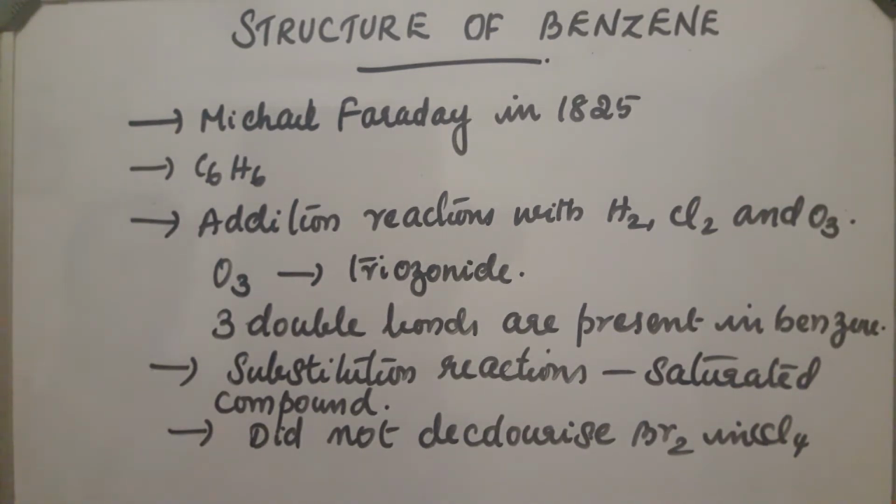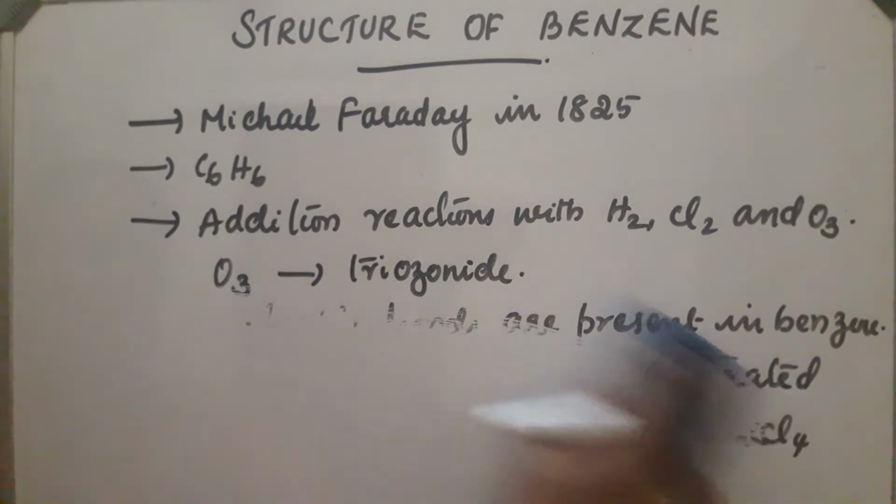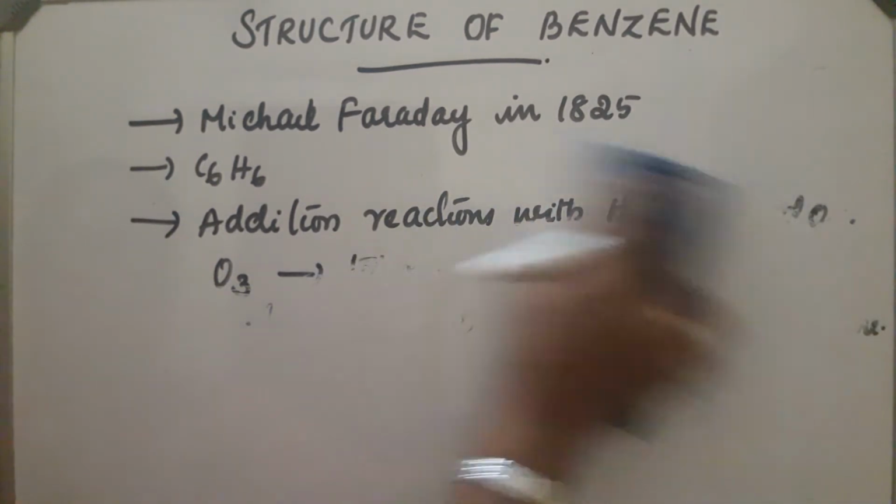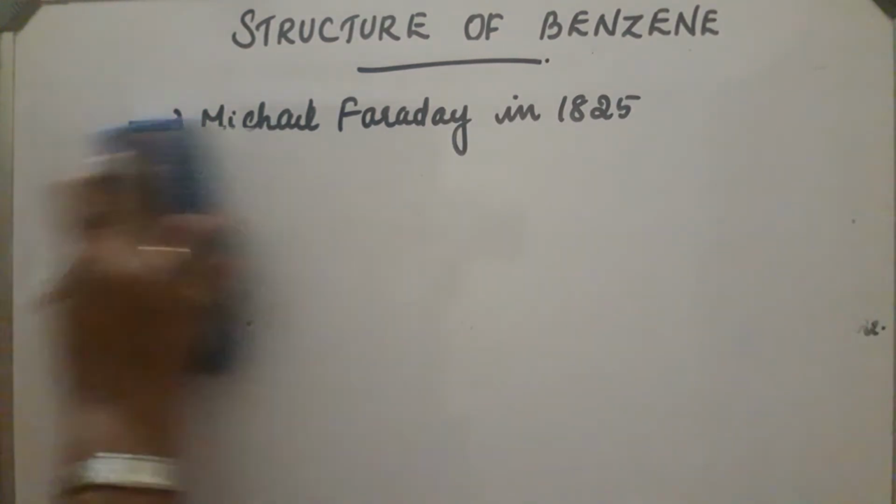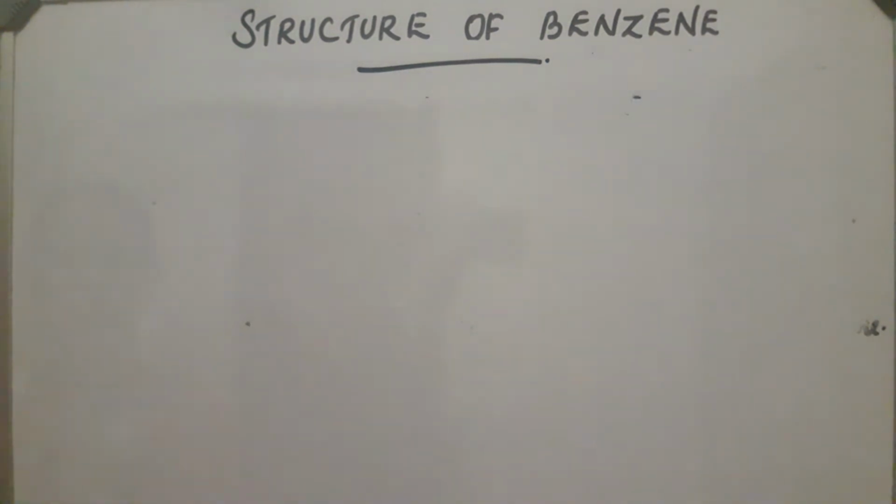This shows that the double bond present in benzene is not the same as the double bond in aliphatic compounds. The double bond present in benzene is different from that of aliphatic compounds.